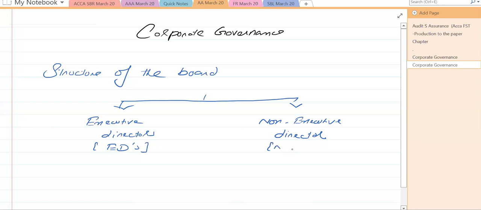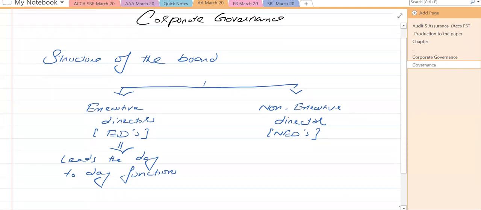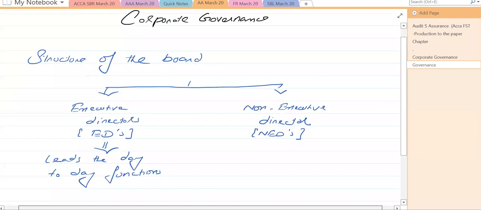EDs lead the day-to-day functions or operations, whatever you call it.